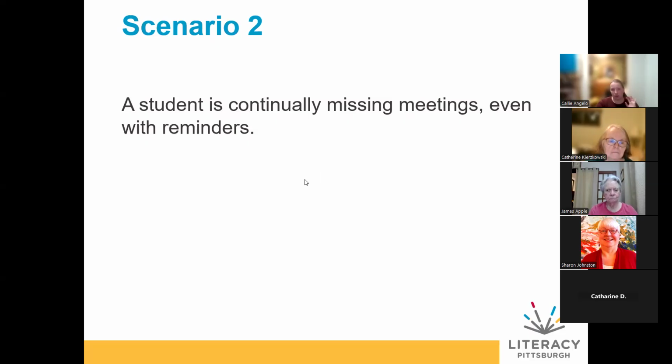From the point, let's say that the student says that they are missing meetings because they got a new job and it's really hard to manage their work schedule with their tutoring schedule. What might be some interventions that we could suggest?